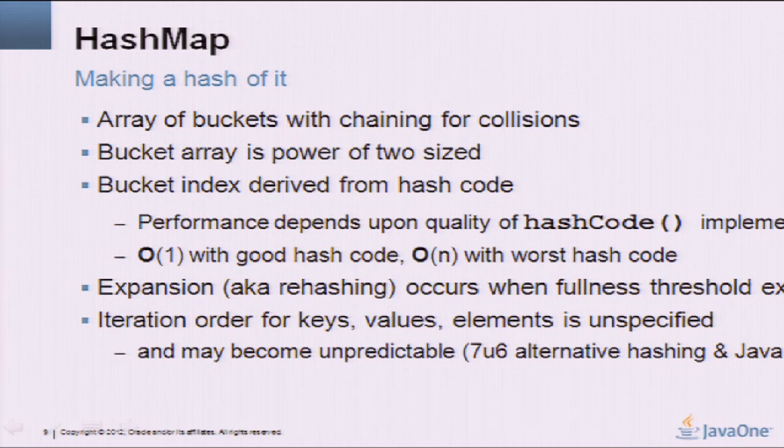In the 7U6, there's something called alternative hashing, which does randomize the hash locations. And we found that there were actually quite a few cases in JDK where there was code that had an implicit assumption on ordering of the results coming out. In 7U6 and later, it's going to become less predictable, so start looking at your applications for places where you might have either explicit or implicit assumptions on ordering.